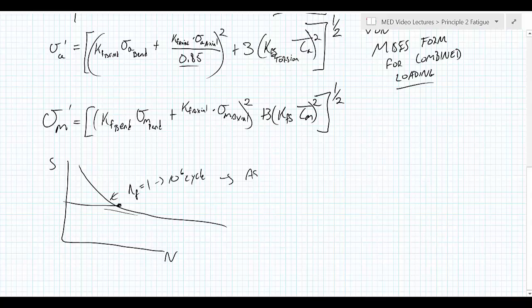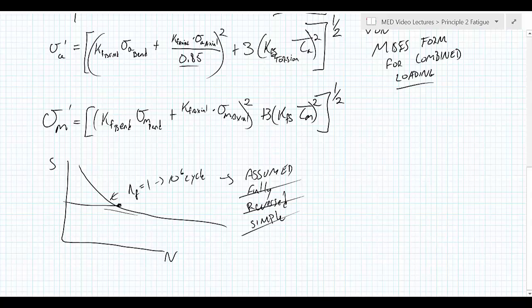This all assumed fully reversed, simple loading, to be specific. So now we are in the situation where we don't have fully reversed and it's not simple. So if we want to figure out the number of cycles this thing is going to last, we need to come up with basically what is the equivalent stress.